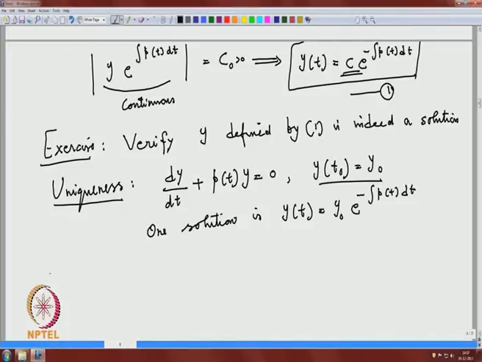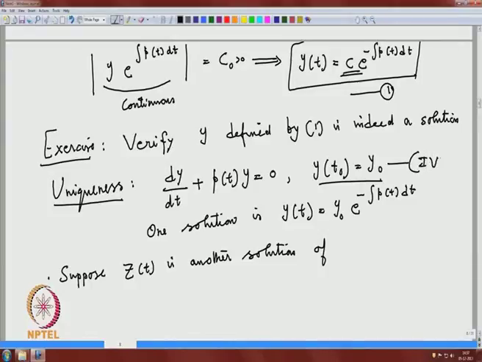It is a very simple, very easy proof. Suppose z(t) is another solution of this IVP.